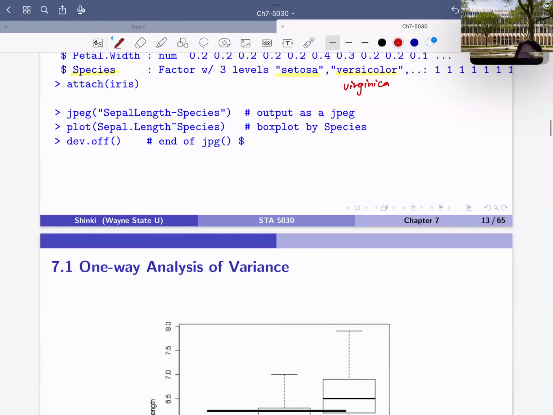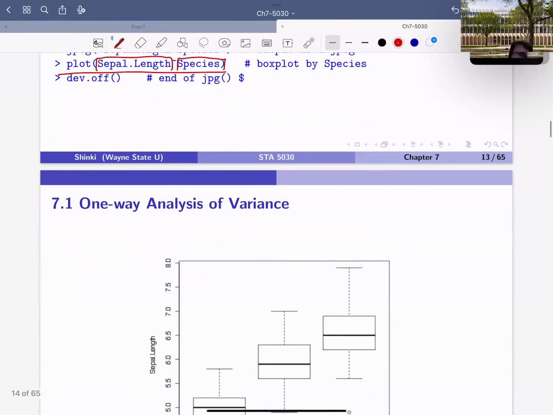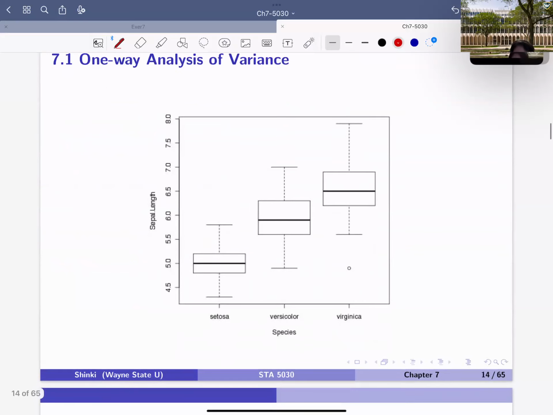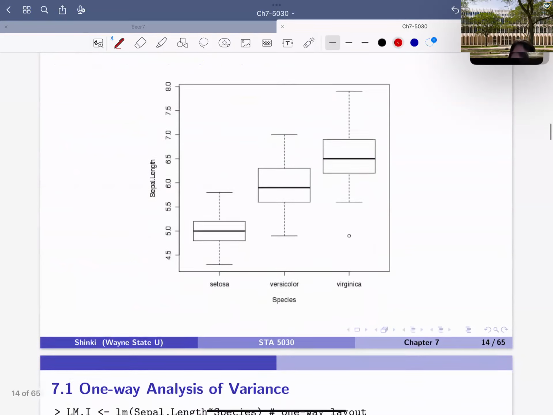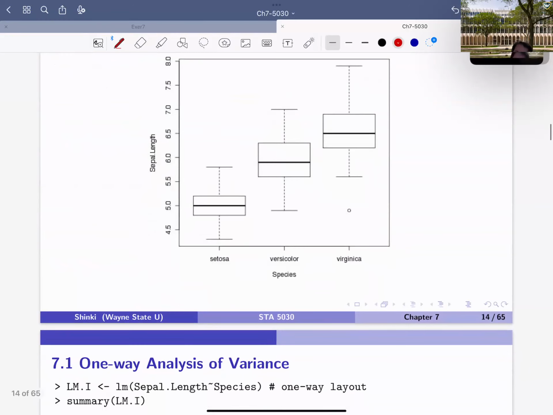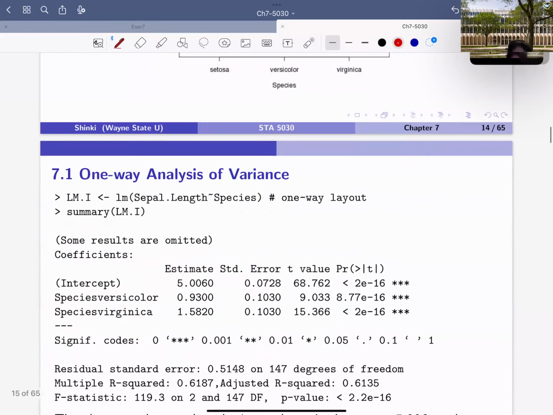If we make a box plot of sepal length, a variable, by species, a factor, with plot of sepal length tilde species, we get box plots. You can see the sepal lengths are most likely significantly different between groups. Certainly Setosa has much smaller values compared to versicolor and virginica. Versicolor and virginica have some overlap, but still, as groups, they look significantly different.